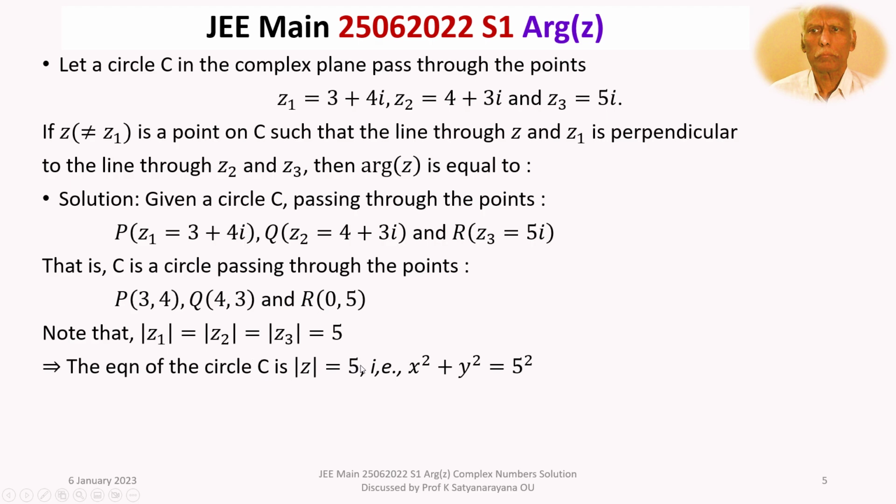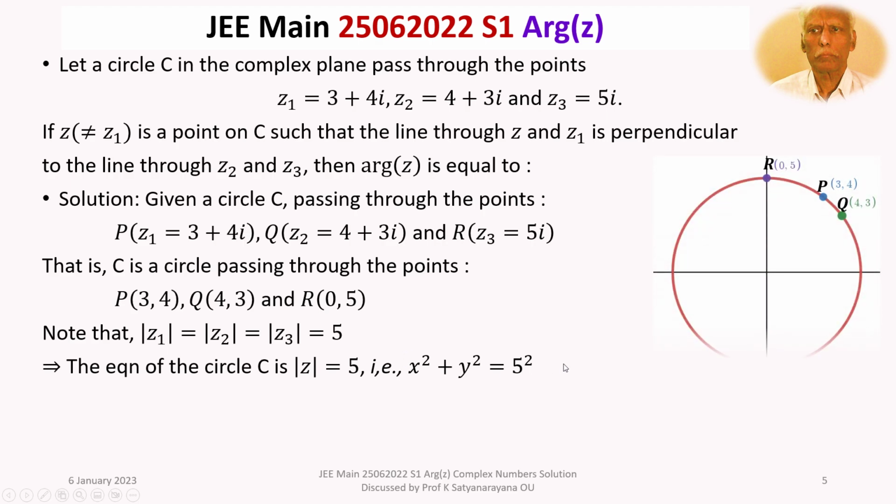That is, in the Cartesian representation, we have x square plus y square is equal to 5 square. So that is the circle C in the complex plane, with P (Z1) at (3, 4), Q (Z2) at (4, 3), and R (Z3) at (0, 5). So that is the circle we have.